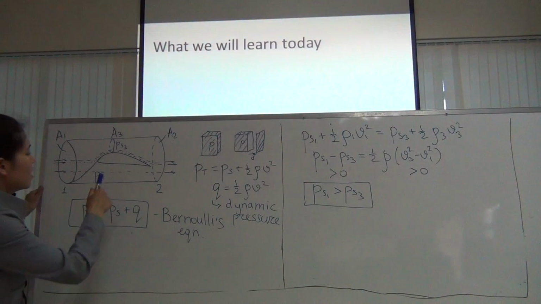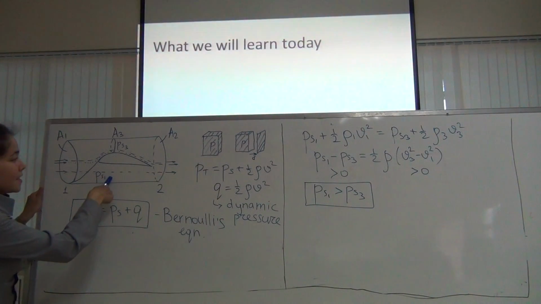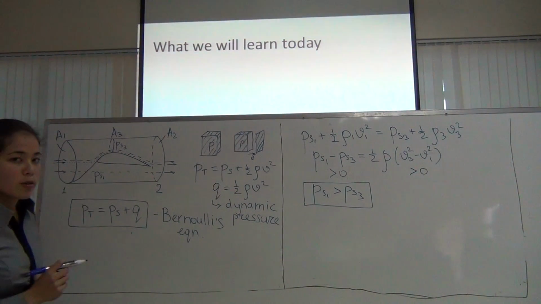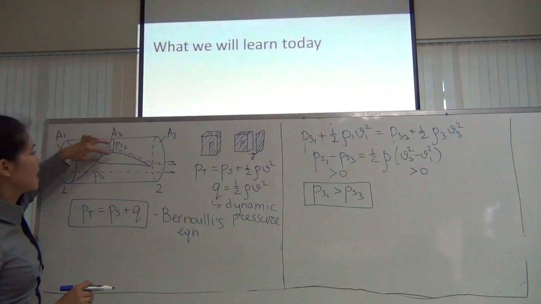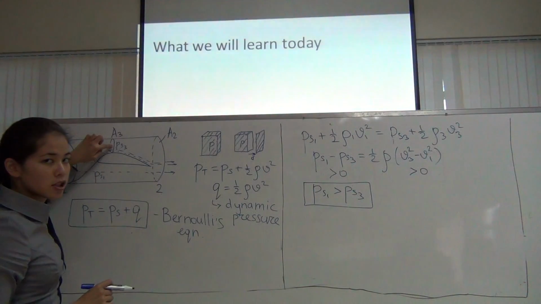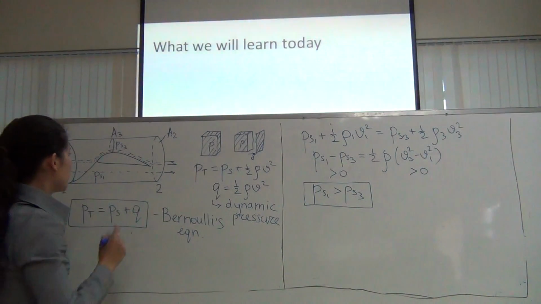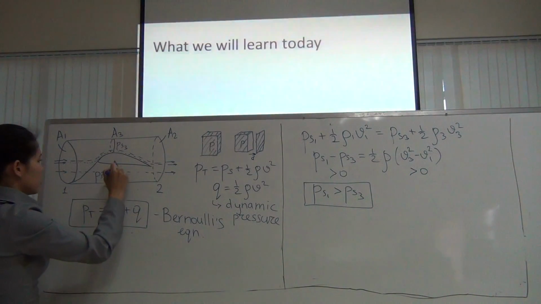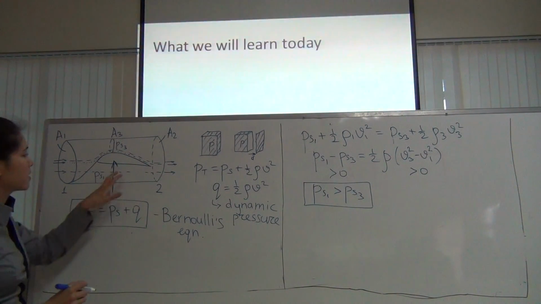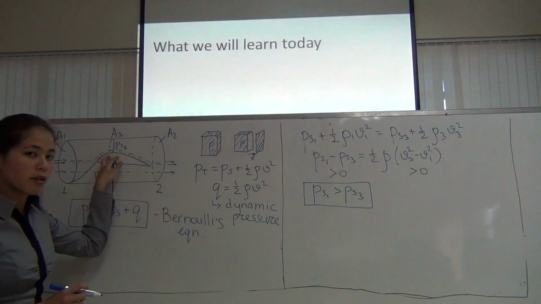So if P static 1 is greater than P static 3, what will happen to our airfoil? It will tend to move to the area that is less pressure. So it will tend to move where? It will move upwards. It will have a force that acts to the area with lower pressure.